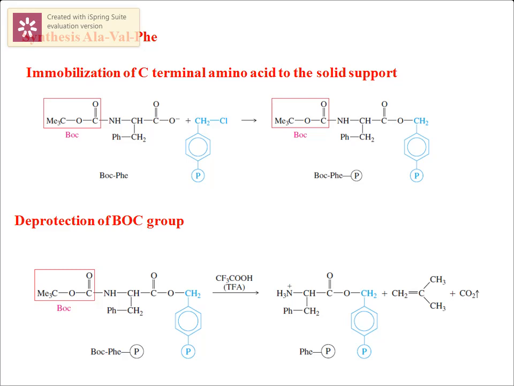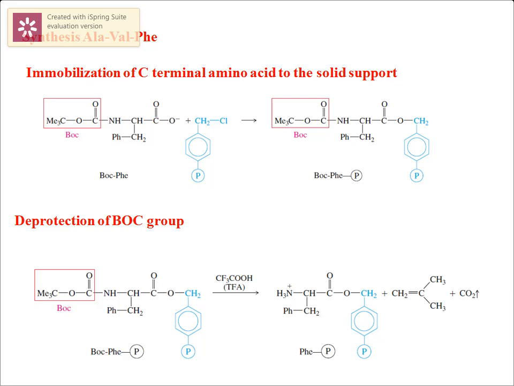So we take an acidic solution inside the syringe, shake it, and push it out. Again, maybe we can do it one more time to be sure that all the BOC has gone. You push it out, you wash it so that all the BOC goes, and you have a free NH2 group on the phenylalanine.